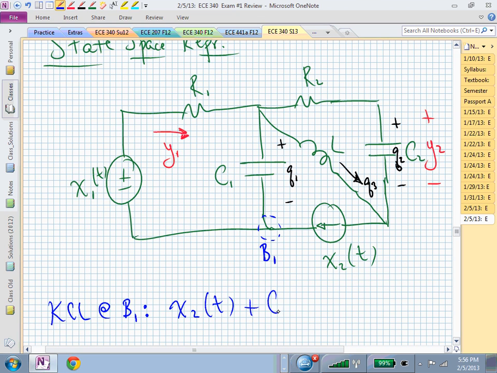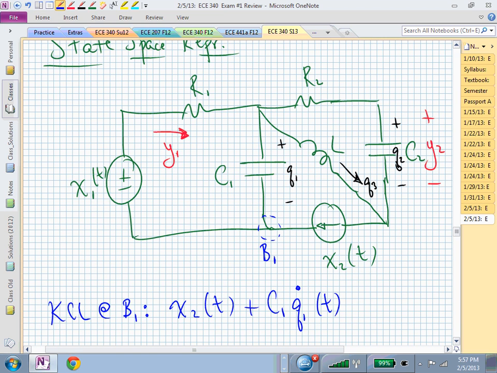You have plus C sub 1 Q sub 1 prime of T. Is that okay? You can do dots or primes, whatever you feel comfortable. As long as you do Q's, then not I's, then it's pretty clear, hopefully. But if you were using I's somewhere, then probably primes are better.